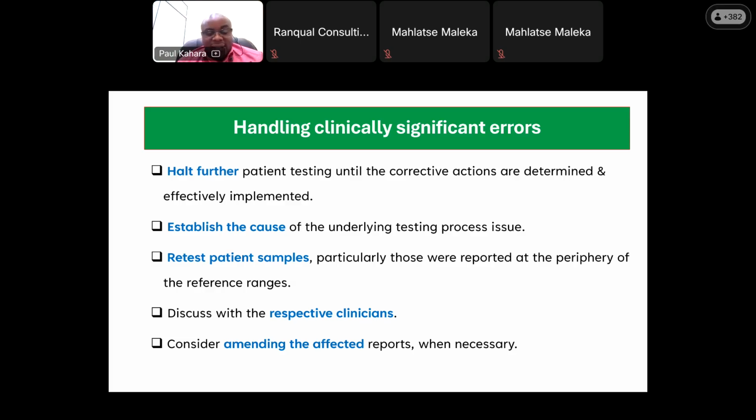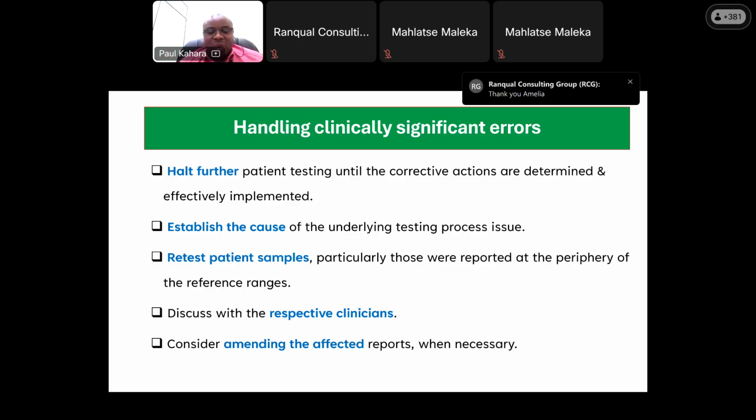Now, the other one is having a, you see, a very elaborate discussion with our clinicians. Let them know that for sure, even though we are trying our best to release reliable, correct results, there comes a time when our equipment are not obeying us, are not obeying our procedures, and they are releasing erroneous results. And so we need also to have an agreement of what do we do?